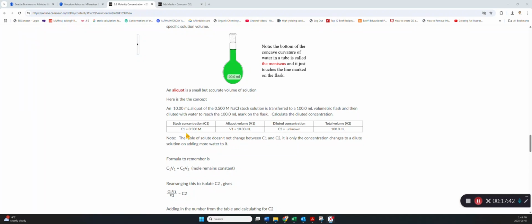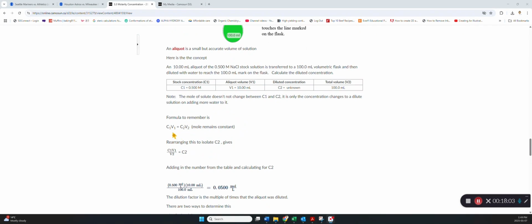C1 is the original stock solution concentration. V1 is equal to the amount, the aliquot, that was removed. C2 will be unknown, and we're going to determine that. V2, the total volume, is 100 mils. So what we have here is a formula that you could memorize: C1 V1 is equal to C2 V2.